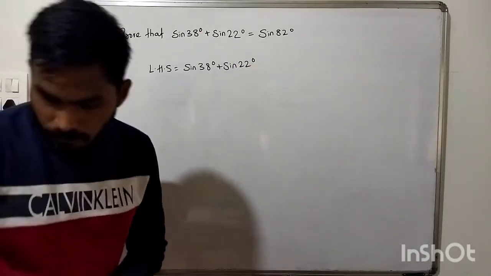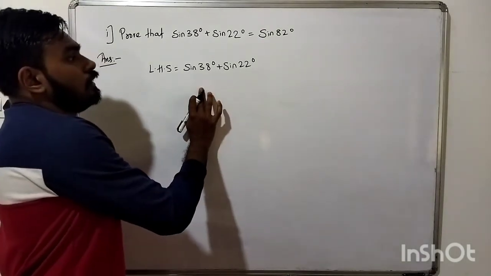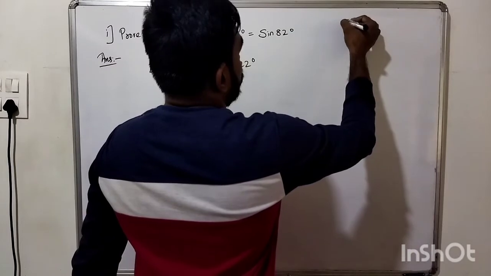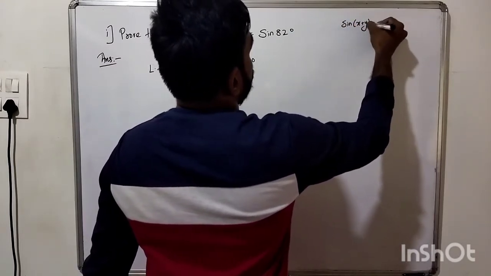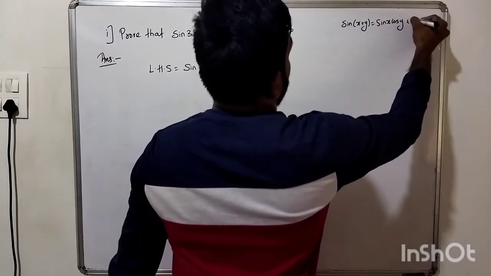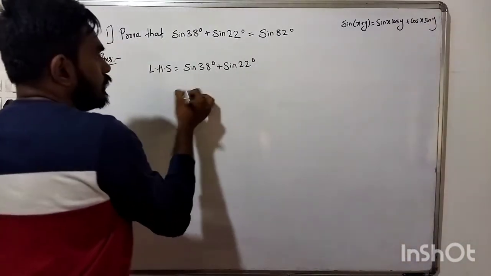We know the formula sine of x plus y, sin x cos y plus cos x sin y. Looking at this, we can write the factorization formula for this.